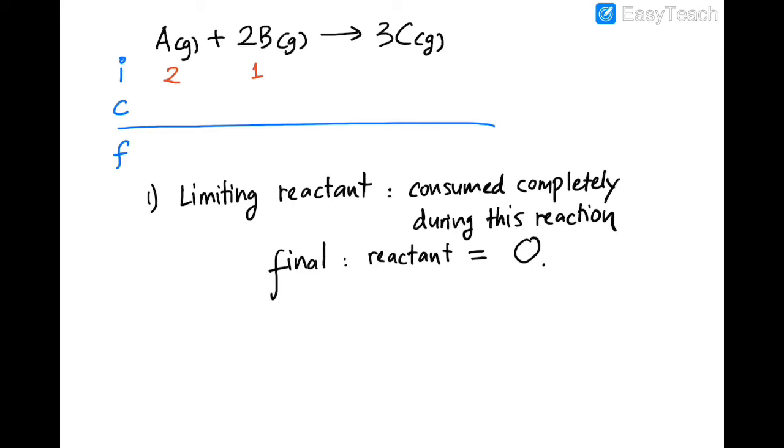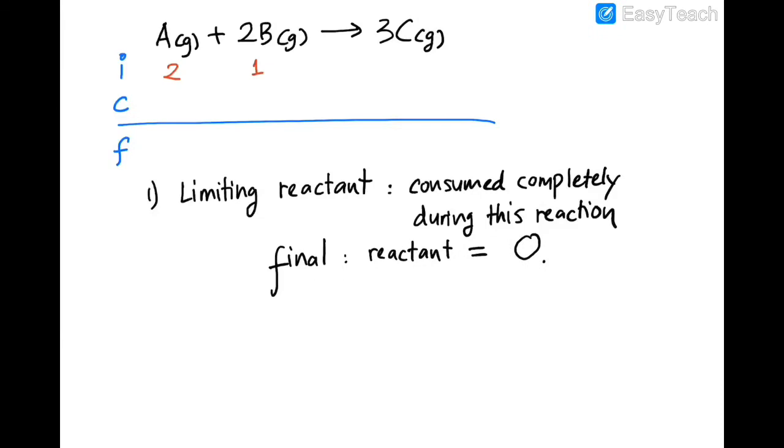We have two different reactants, A and B. How do we determine which one between A and B is the limiting reactant?